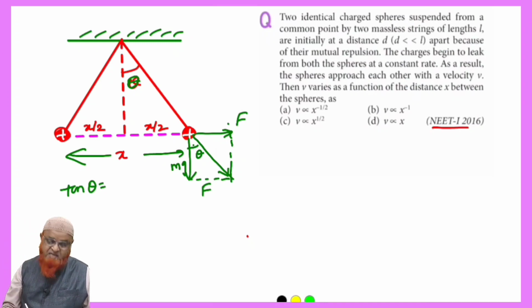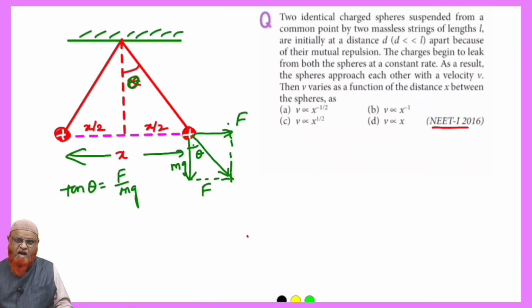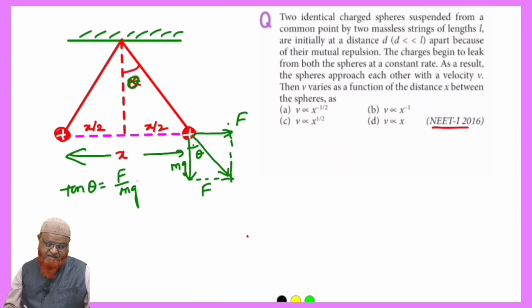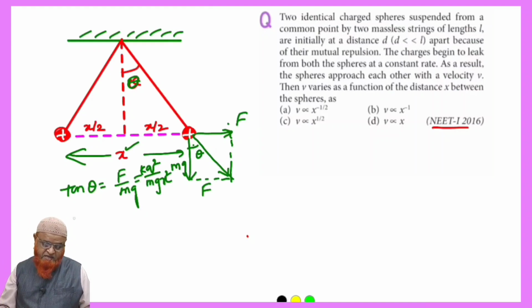Then you can write tan theta is equal to f by mg here, and you all know that f is nothing but k q1 q2 by r square, but here the distance is x, so we can write q1 q2 taken as similar charges, so we can write k q square by x square. So tan theta equals k q square by m g x square, because the distance here is considered as x.